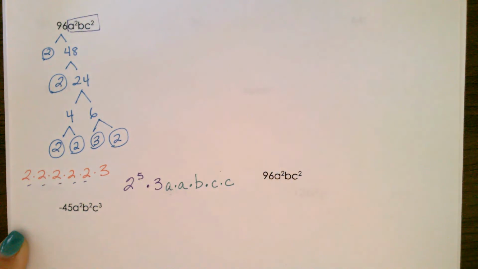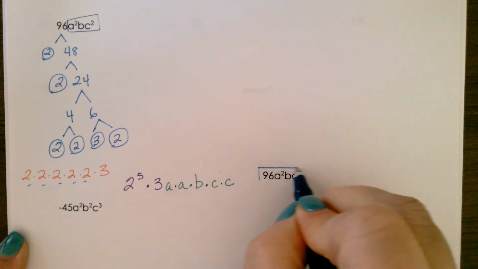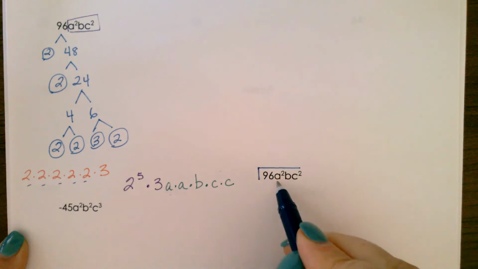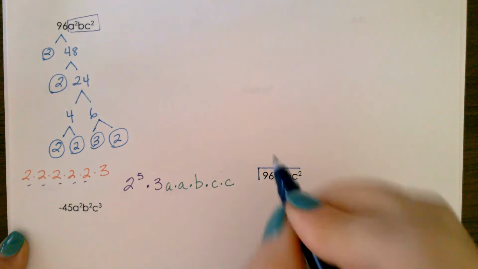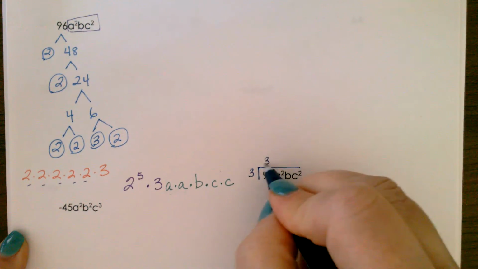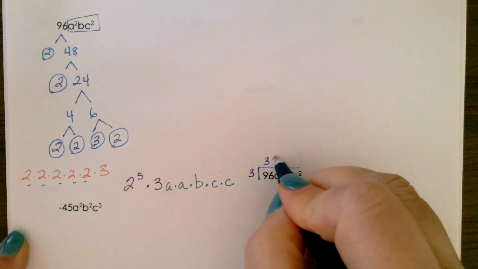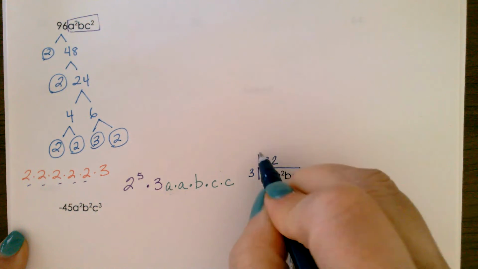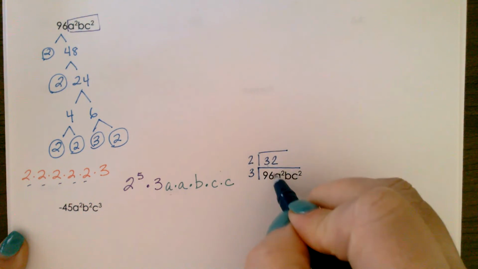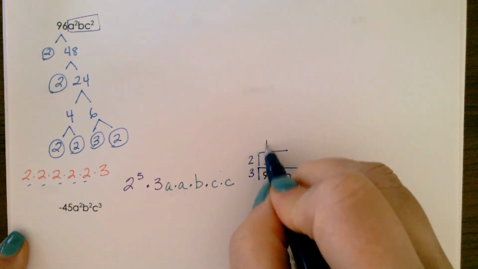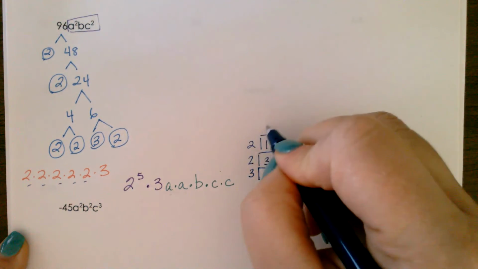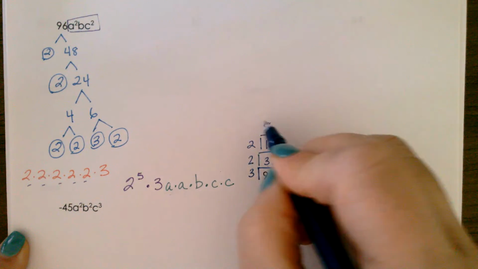Let's practice the same one more time using the birthday cake method. It's kind of like just division. I'm going to ignore the variables for a minute. This time I'm going to take out a 3 just to mix it up. 3 goes into 9 3 times. 3 goes into 6 twice. Okay. I need to pull out a prime number, so that's even. I'll take out a 2, leaving me with 16. That's even. Take out a 2, leaves me with 8. 8 is even.